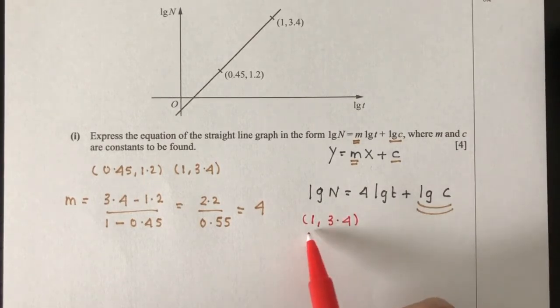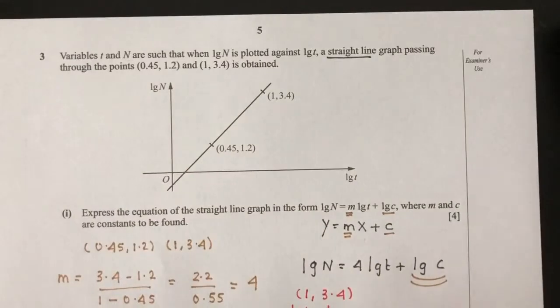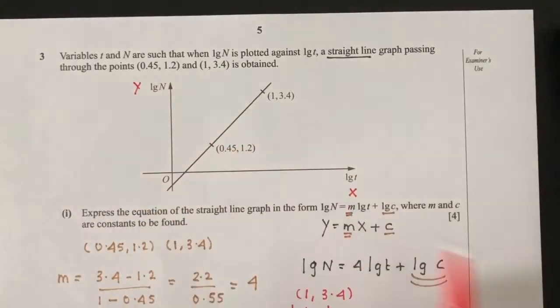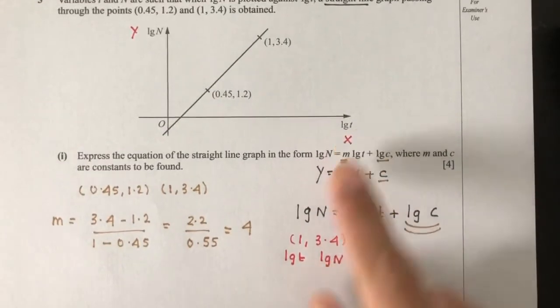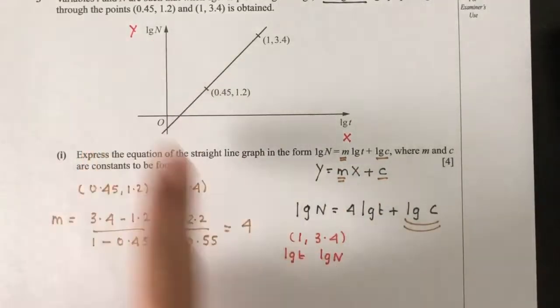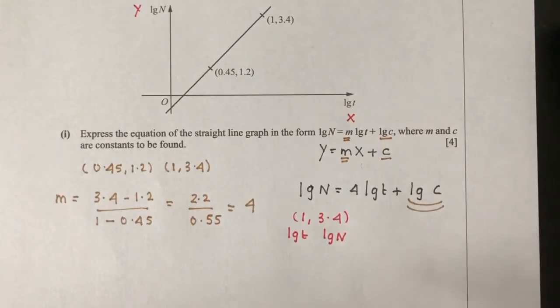This is the value of log of t, and this is log of n. So how do I know what to choose? You look at your graph here. Usually that will be x, and that will be y. The first point will be your x coordinate, but here we have log of t. So this one is log of t. The other one will be your y, but here we have log of n, so we choose log of n.